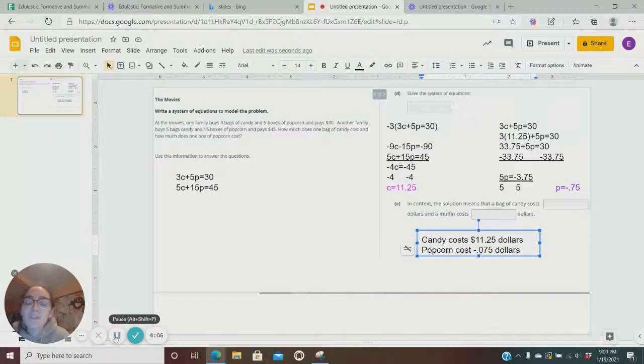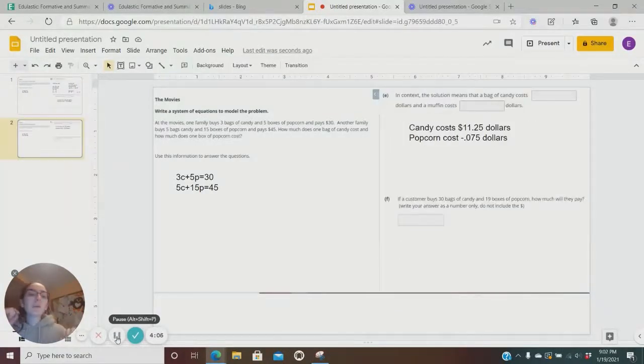So when we look at this last part, we need to think about it in the context of F here. If a customer buys 30 bags of candy and 19 boxes of popcorn, how much will they pay? There are two correct answers that I'm going to take for this one. Logically, I take this equation and say that if the candy costs $11.25 and the popcorn costs negative 0.75, we could plug it in and solve it.